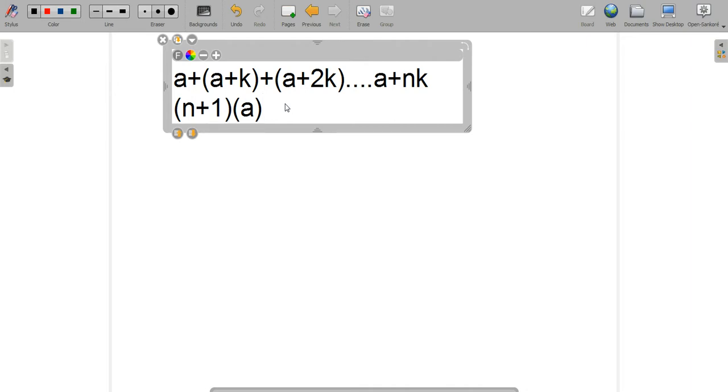Okay, so the next thing is, add all the K's. How many K's are there? Well, if you actually factor it out, it looks a little like this: 1 plus 2 plus 3 all the way to the end.